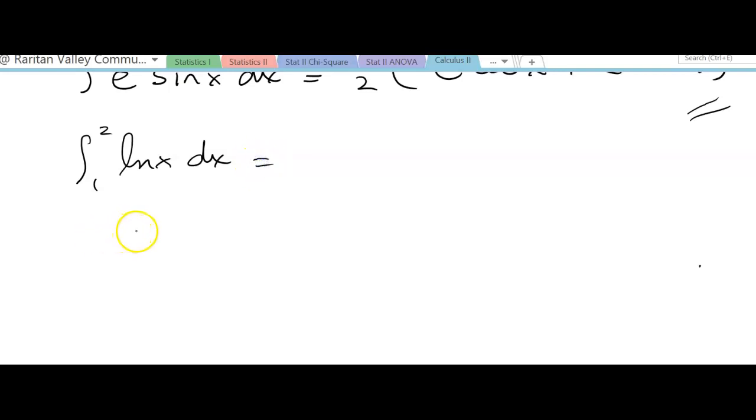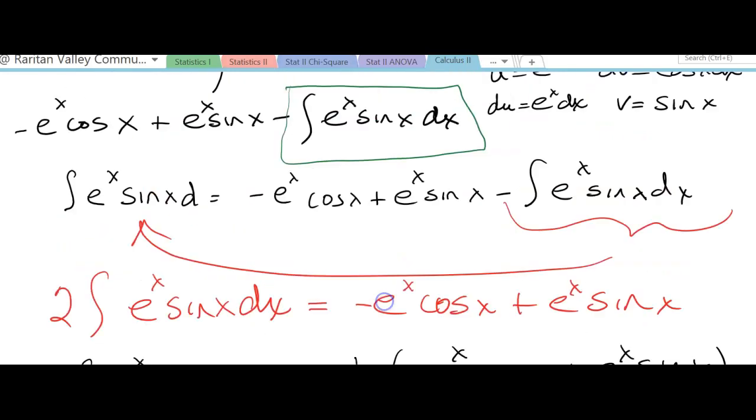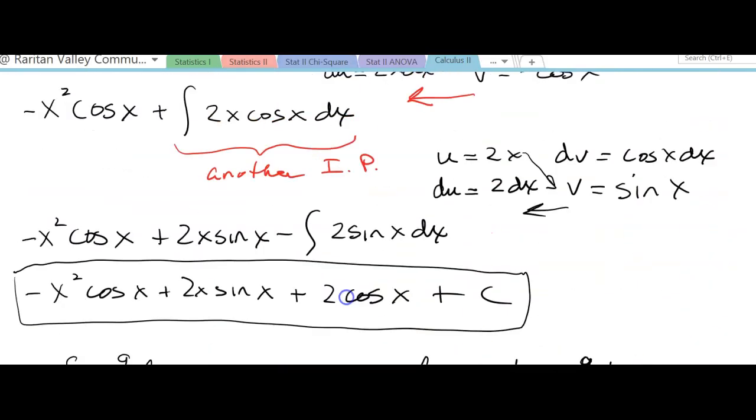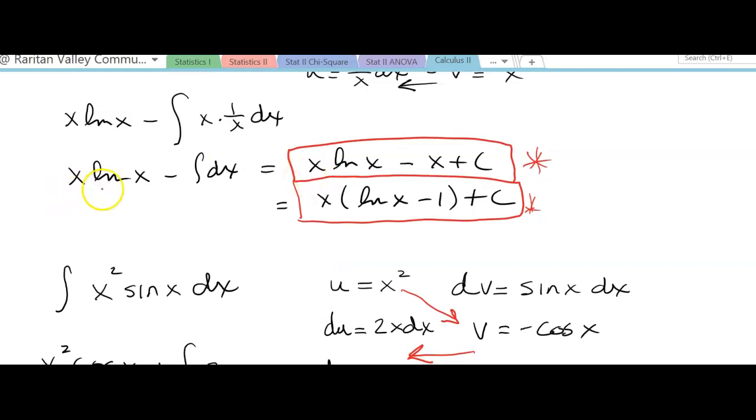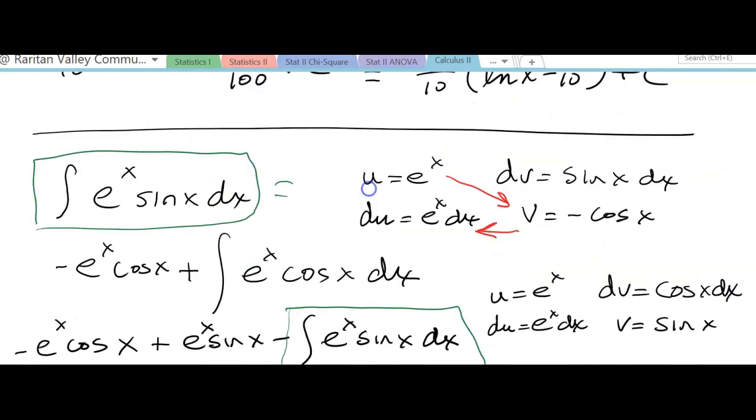So this ended up equaling x ln x minus the integral of dx. Okay, that's where we're at.